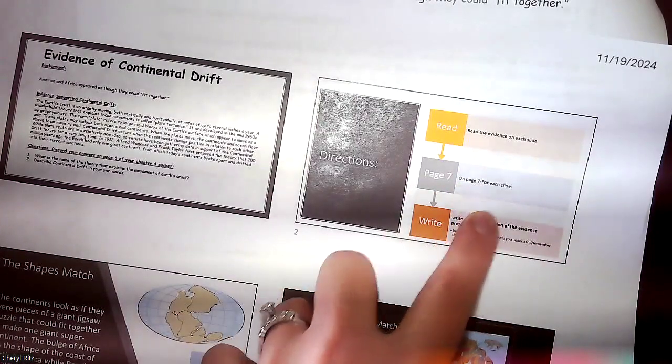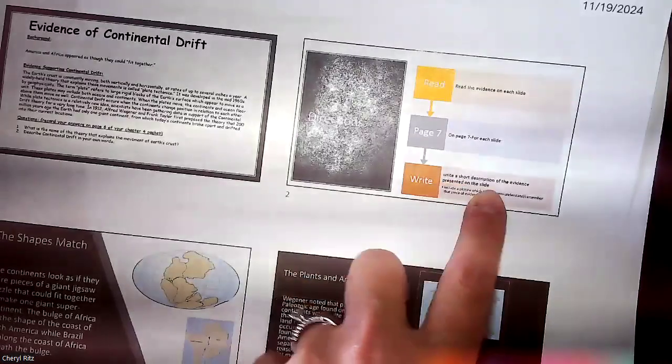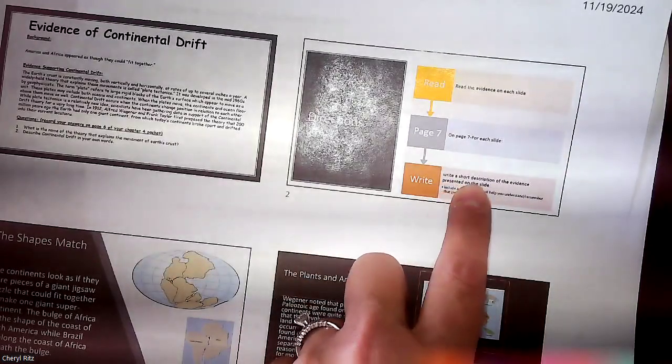On page 7 for each slide, you will write a short description of the evidence presented on each slide. So basically, you're going to read this slide, summarize it and draw a quick picture. You're going to do that for all 5 slides.